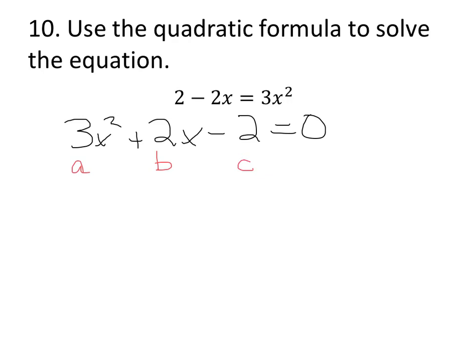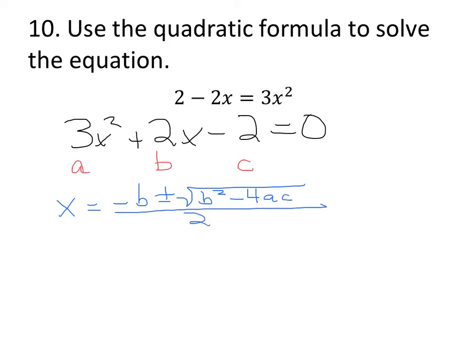The quadratic formula says that x equals negative b plus or minus the square root of b squared minus 4ac over 2a. It's a nice way to solve for x because all you have to do is substitute for a, b, and c.